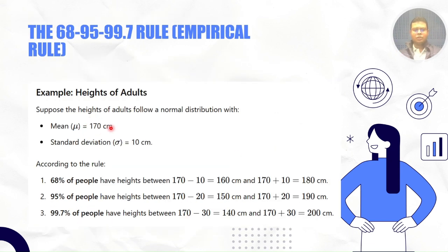For the average height of students in a classroom, say the mean is 170 and the standard deviation is 10. When you consider 68%, your range will be from 160 to 180. It means I deducted one standard deviation from the mean and added one standard deviation to the mean.